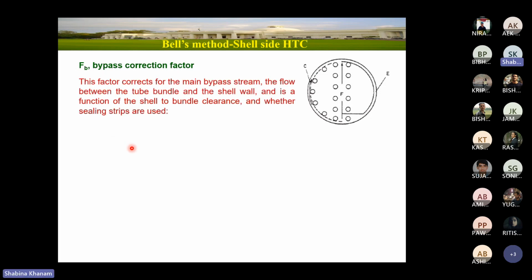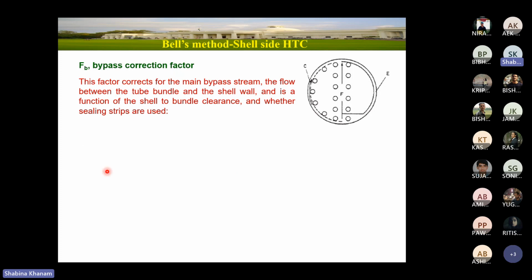This factor corrects for the main bypass stream, the flow between the tube bundle and shell wall, and is a function of shell to bundle clearance. If I have more clearance, there are more chances of accumulation of liquid in that clearance, which will be considered a dead zone.